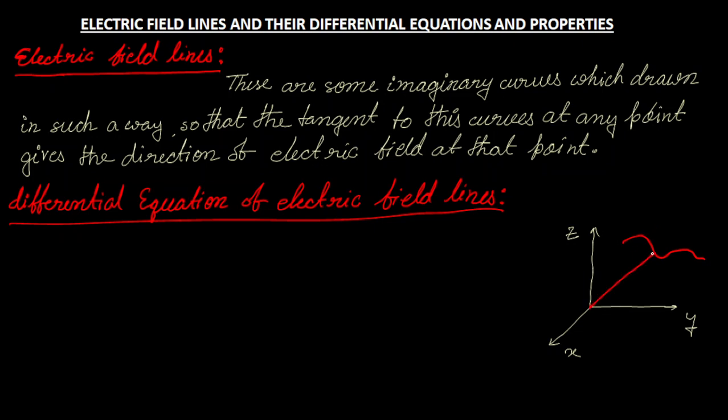This can be represented as r equals r of s, where s is the parameter. That means it's a parametric equation of the space curve, where r is a function of x, y, z, and x, y, z themselves are all functions of s, so we can write r as a function of s. So let me just write this assumption here.